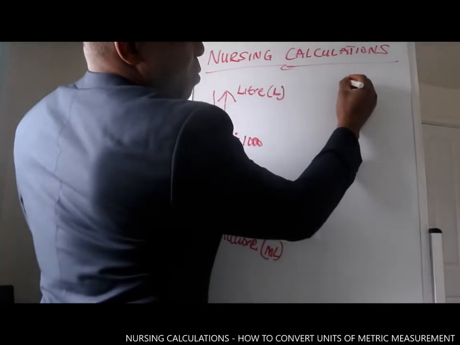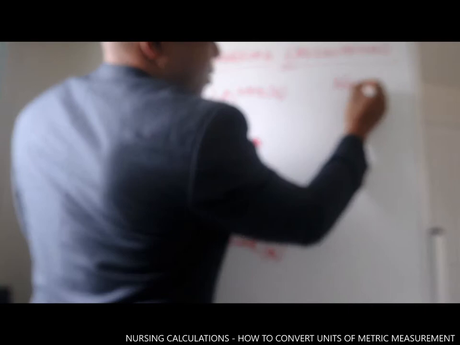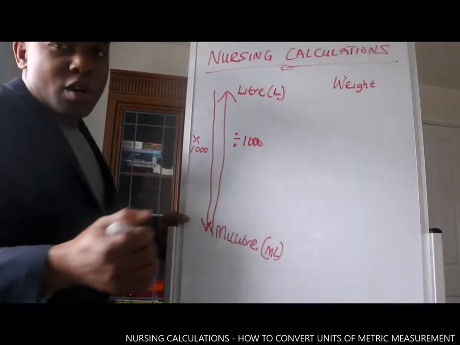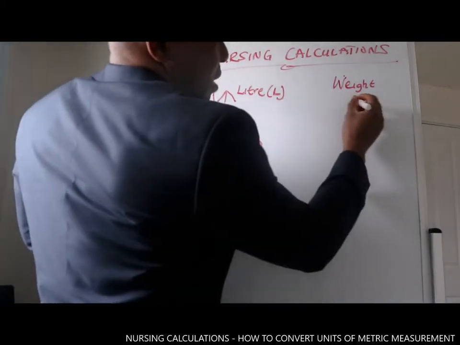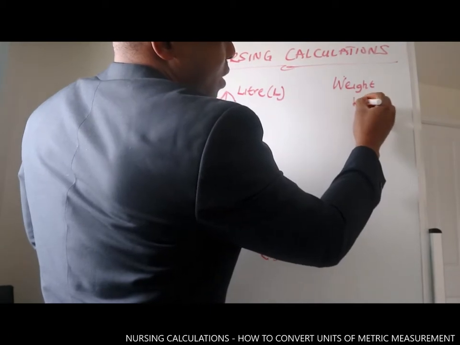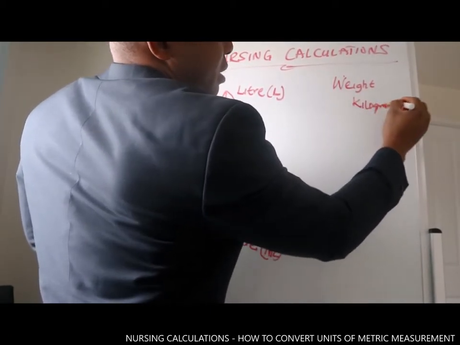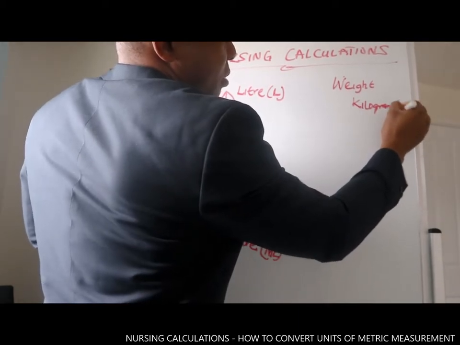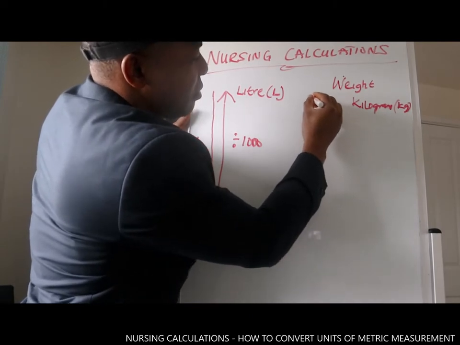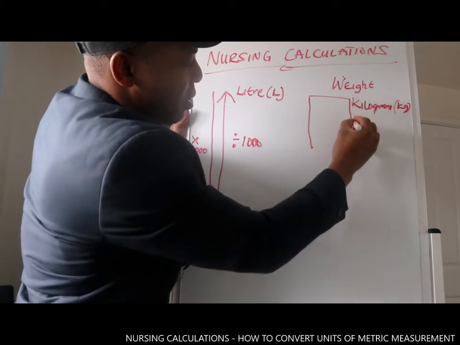We'll talk about weight. So weight, the big size is kilogram, which is kg. So I do a box here. Kilogram.